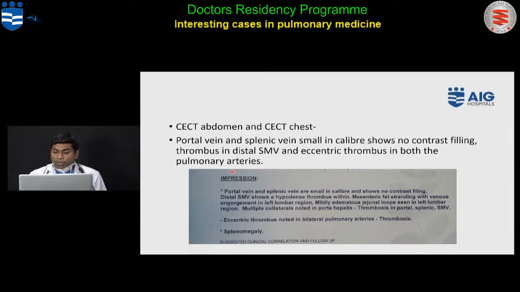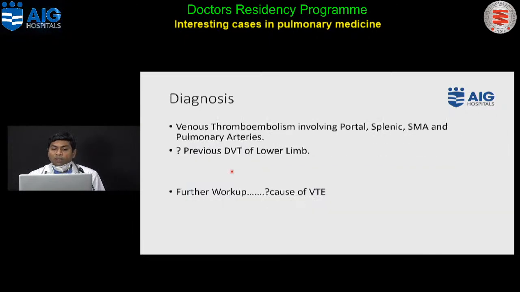So this was a patient with concomitant thrombosis in both pulmonary arteries and in the mesenteric circulation, that is, the portal circulation thrombosis and the pulmonary artery thrombosis.